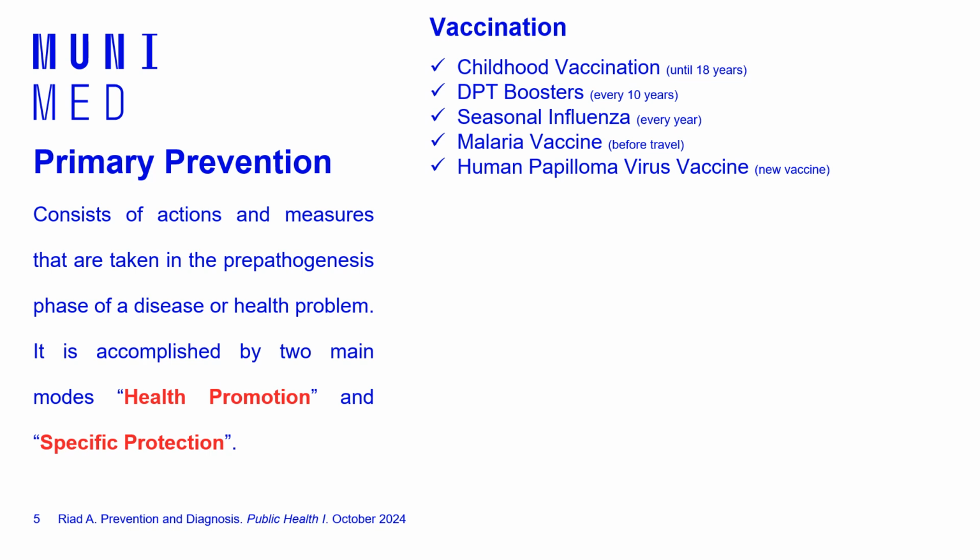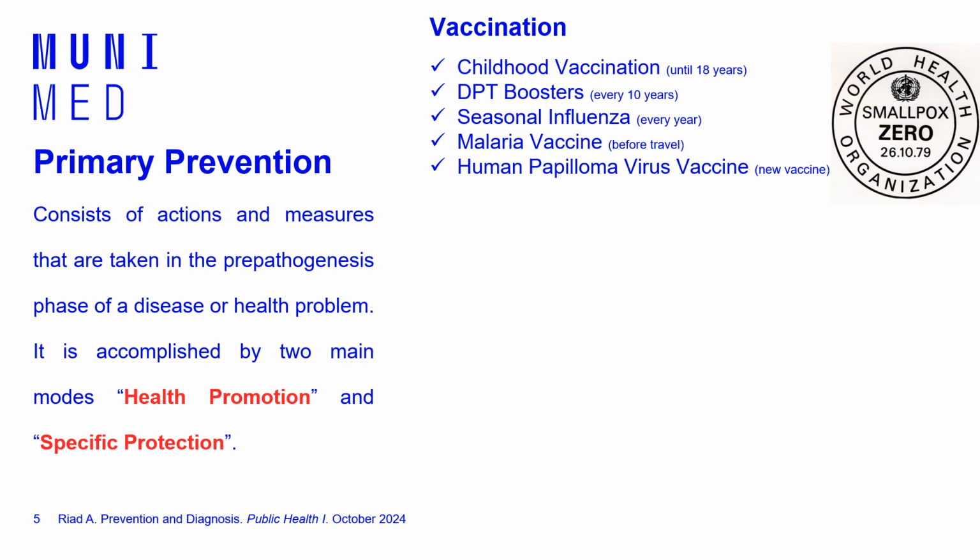Now it's not only recommended for girls but also for boys. So it's recommended for all genders, from early age until early adulthood. Okay, so these are examples of vaccines that we usually recommend nowadays.